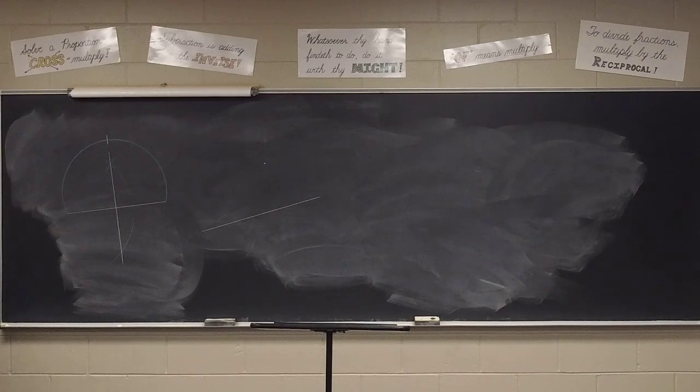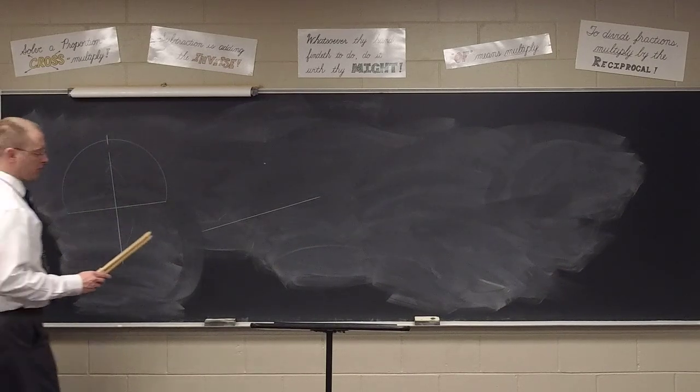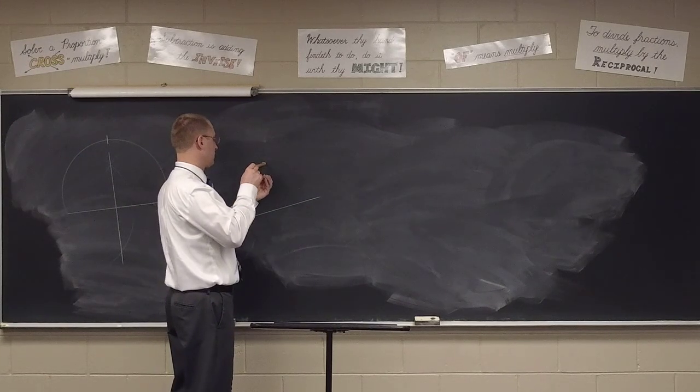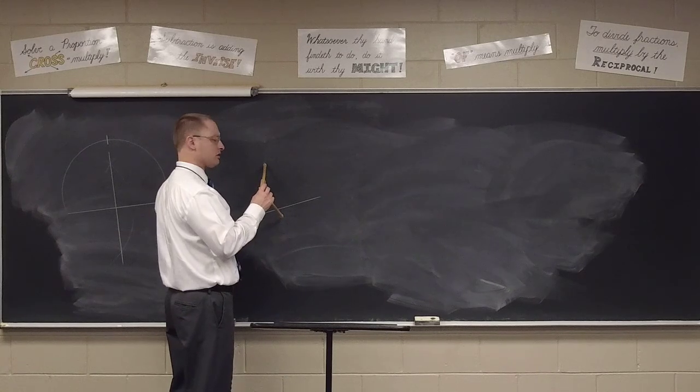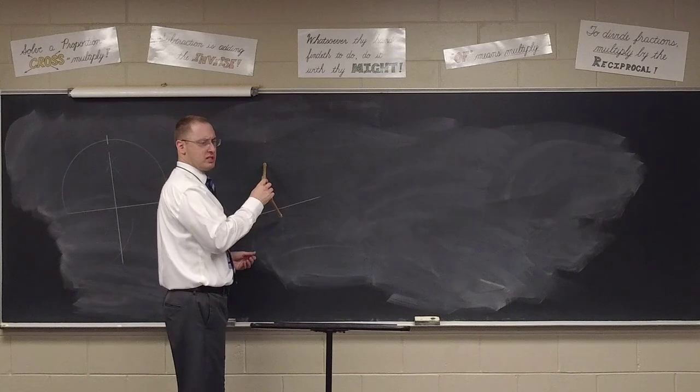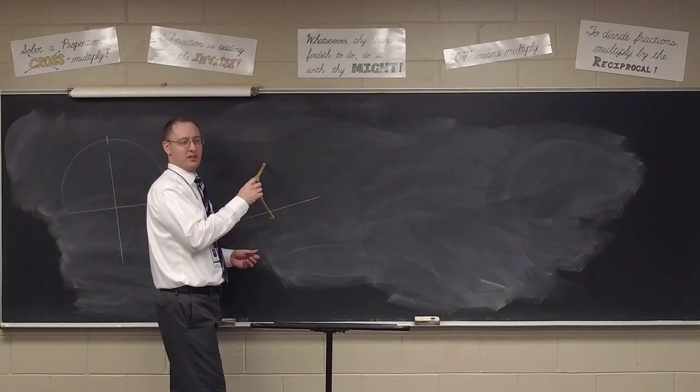Put the point of the compass on the given point, and extend the compass more than... Like this? Yeah. Okay. I feel like we're constructing a perpendicular here. I said parallel. Oh, a parallel.